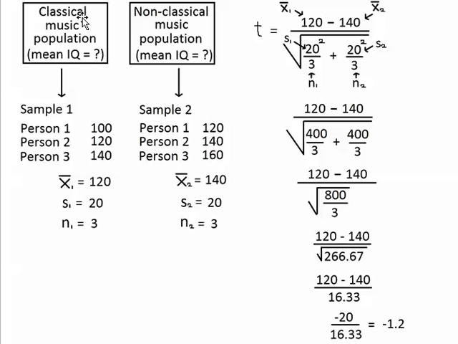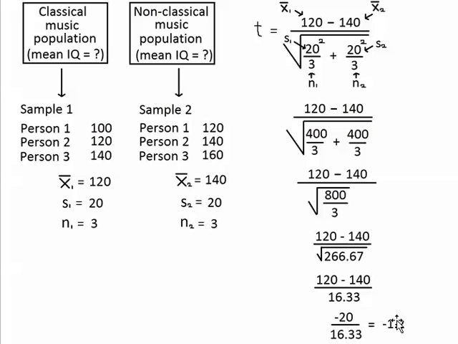We would say that these two populations do appear to be different from each other. If this t-score didn't reach the critical value, if it fell below the critical value, we would stick with the null hypothesis and say that there doesn't appear to be evidence to support a difference in IQ between these populations. That would be called failing to reject the null hypothesis. So our conclusion about whether we reject H0 or fail to reject H0 all depends on which side of the critical value our t-score fell on.